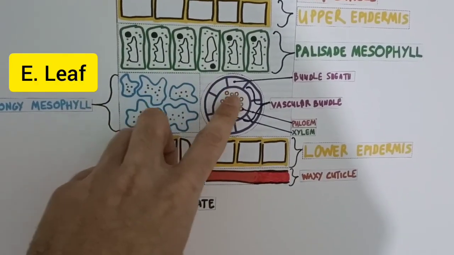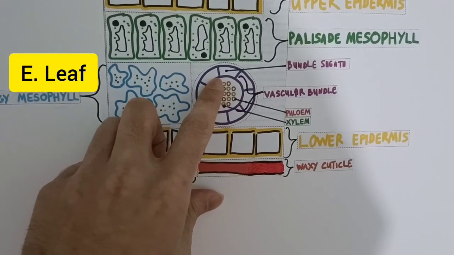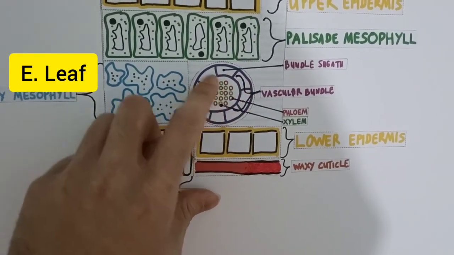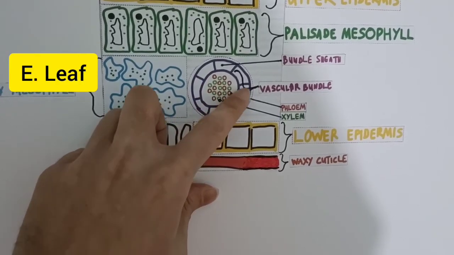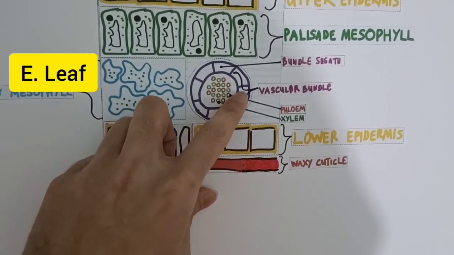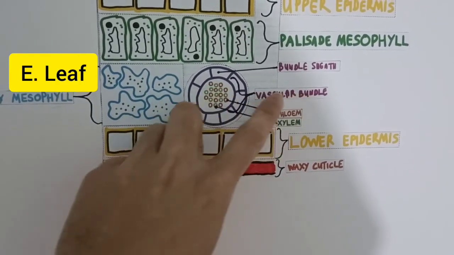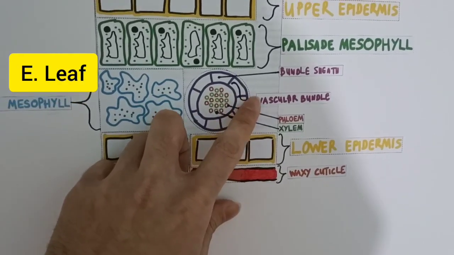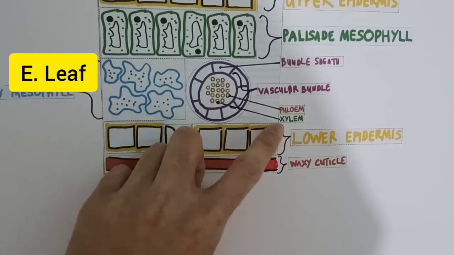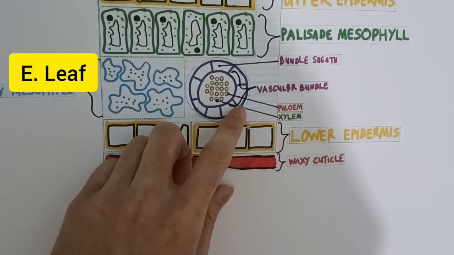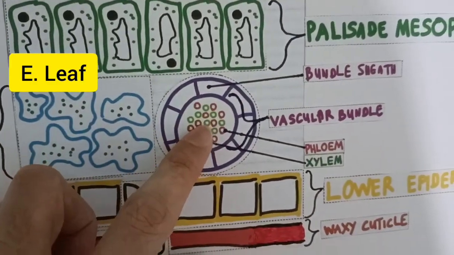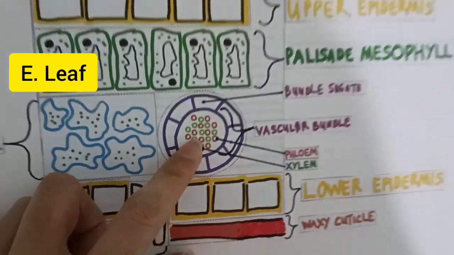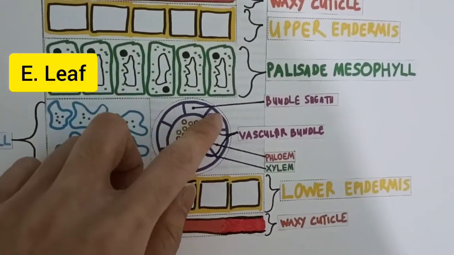Let us proceed to the vascular bundle right here, the central cylinder. This central circle represents the vascular bundle, and as we all know, the vascular bundle consists of xylem and phloem, which are represented by the red dot and the green dot.